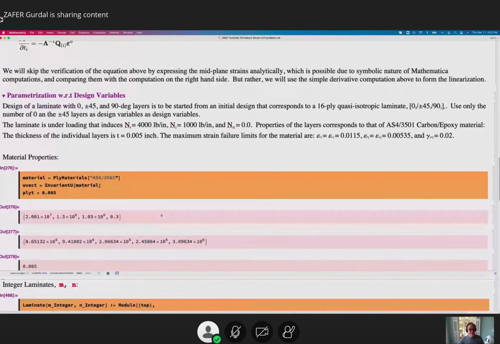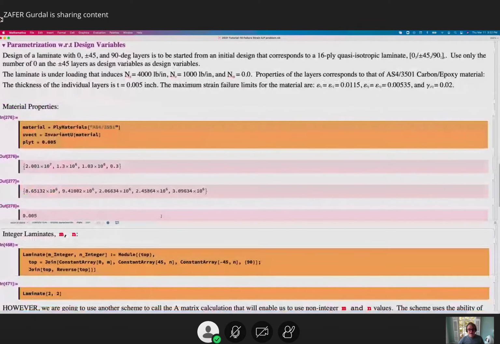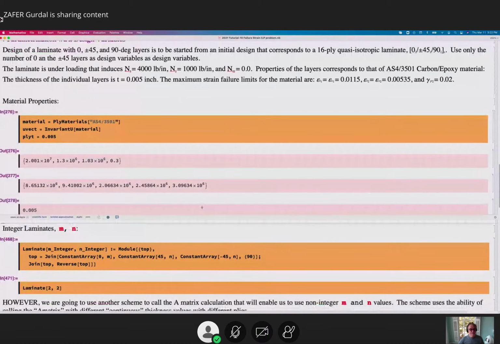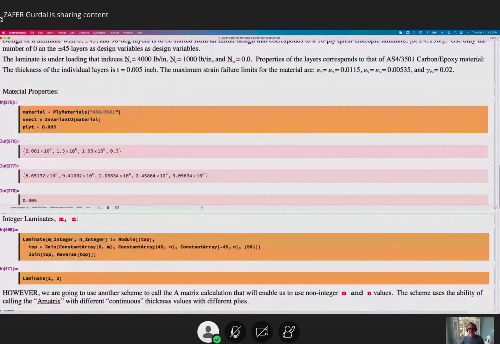So these are my given properties. Now, if you remember the test, we wrote a little routine that generates the stacking sequence for any laminate with integer layers.